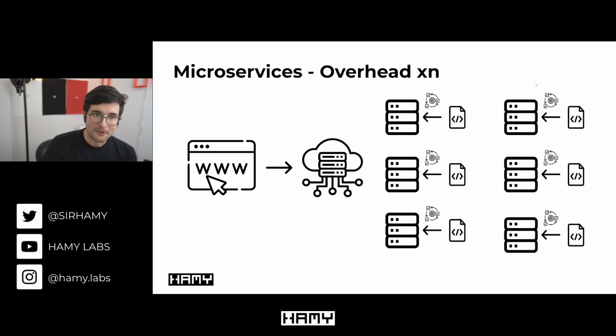Now, the problem with microservices is that we've got all this same thing, but we just have to do it a bunch more times. We have this request coming in, and we might have an API gateway to tell it which different services it even needs to talk to. Sometimes there's a central app server that it hits first, and that works as the delegator to hit all these services.